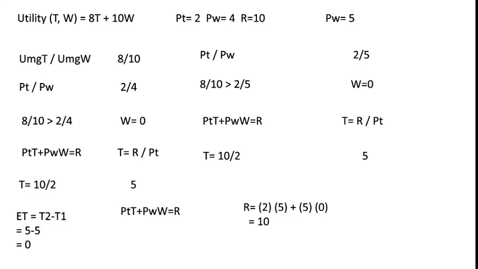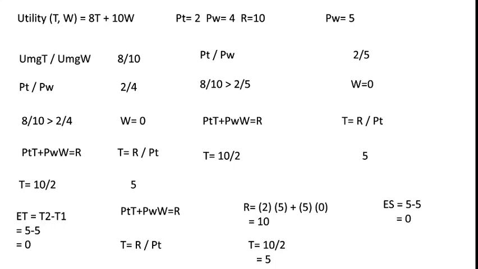Now rent equals 2 multiplied by 5, price of T multiplied by T, plus the new price multiplied by 0. W is 0, so rent equals 10. Now T equals rent divided by price of T. In this case, rent is the new rent, 10, and T equals 10 divided by 2, which is 5.